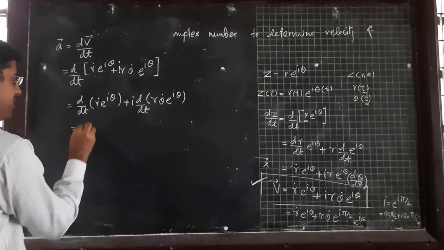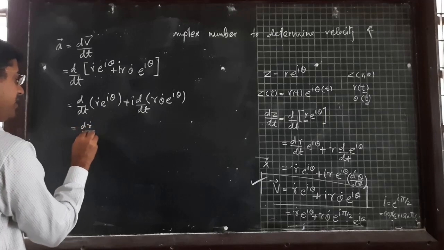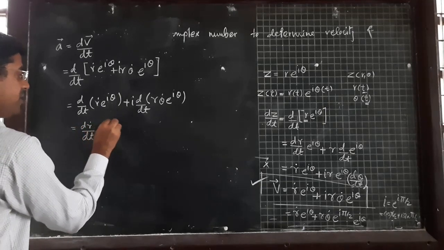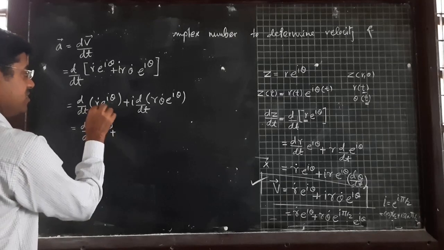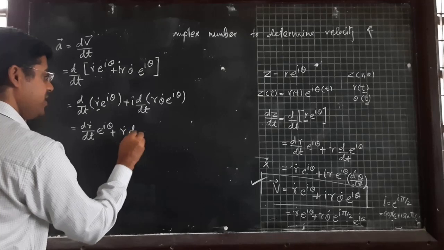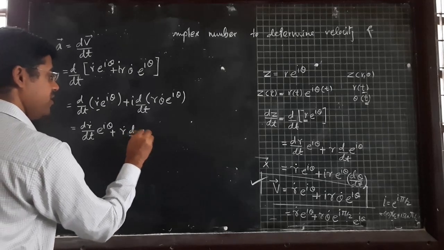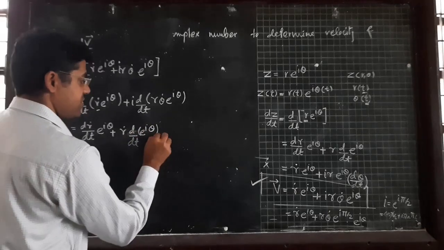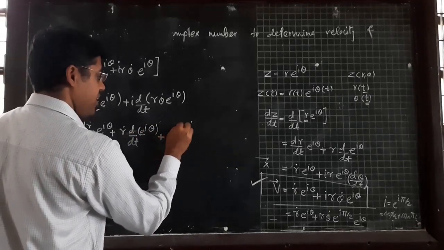We can take first dr dot by dt, e raised to i theta is outside, plus this is constant and d by dt of e raised to i theta. Plus this is r.